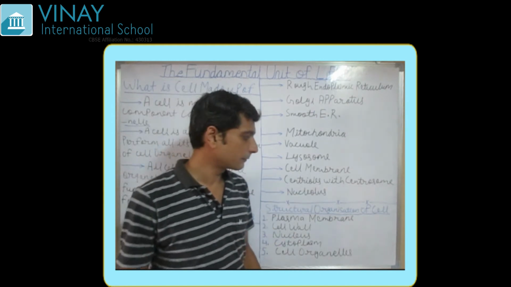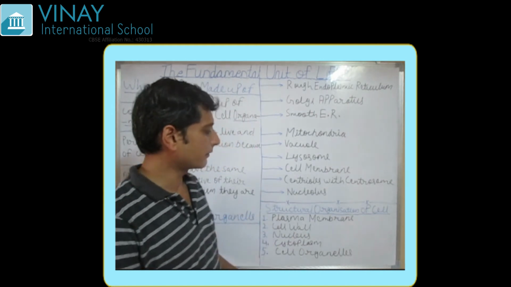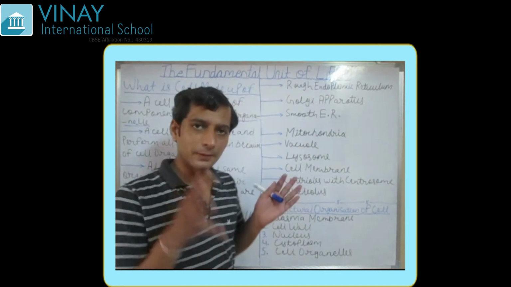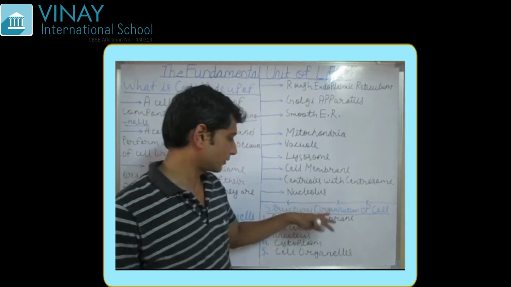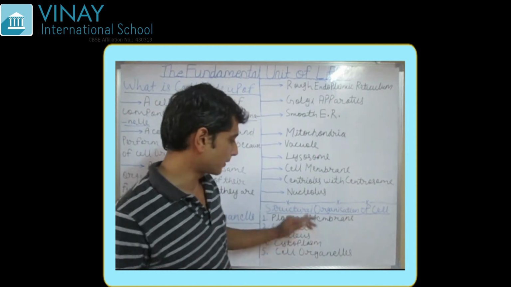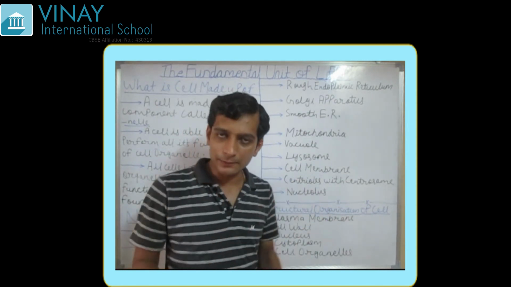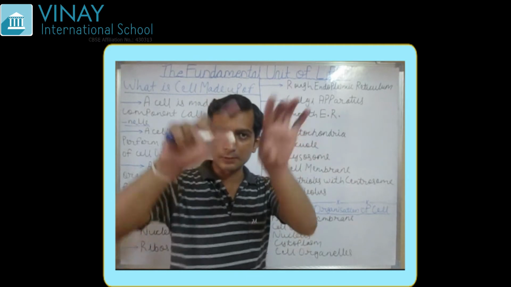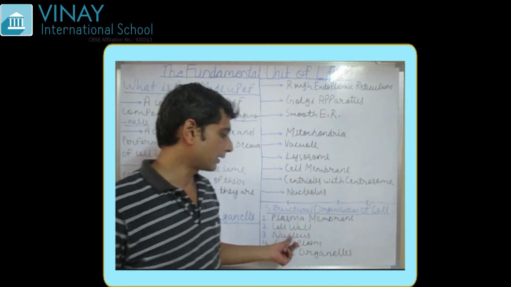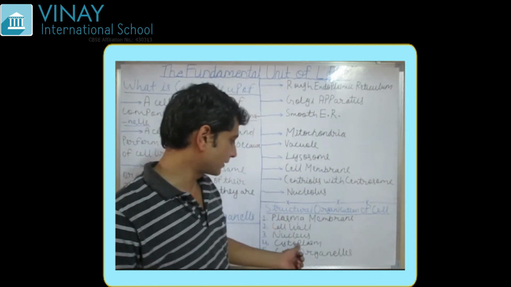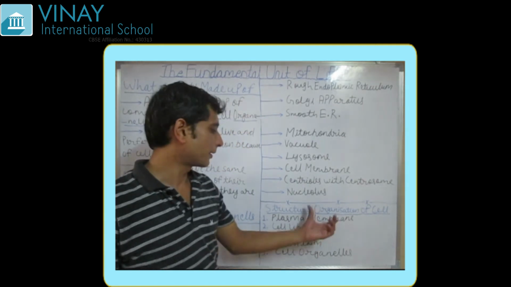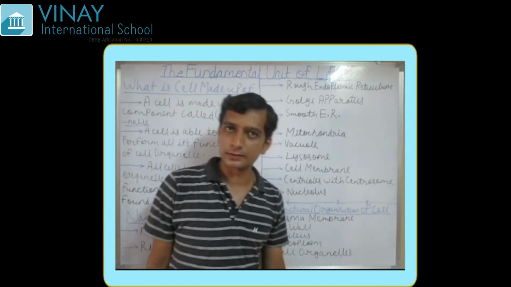When we are studying the organization, we have to see all this structural organization. You should remember that first the plasma membrane comes as the outer covering, then the cell wall is the outermost layer, then inside it is the nucleus, then the cytoplasm, and then all the organelles. Organelles are the last, but these parts are at the first.